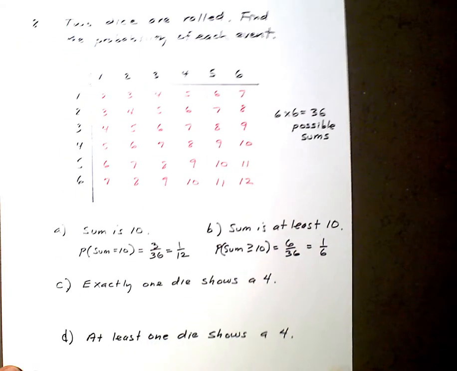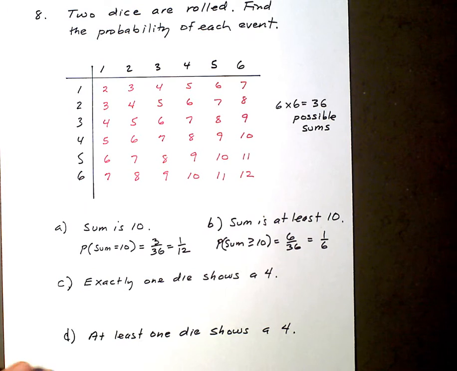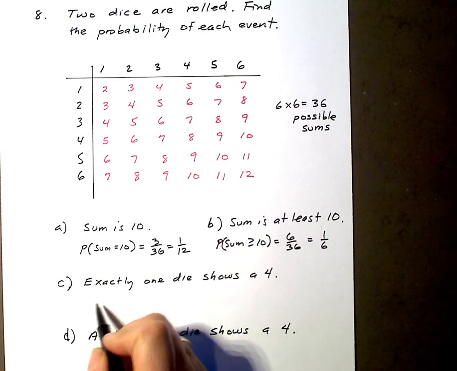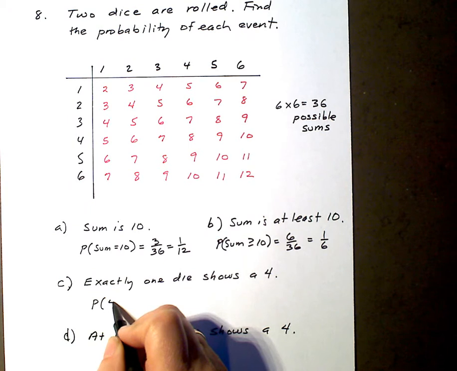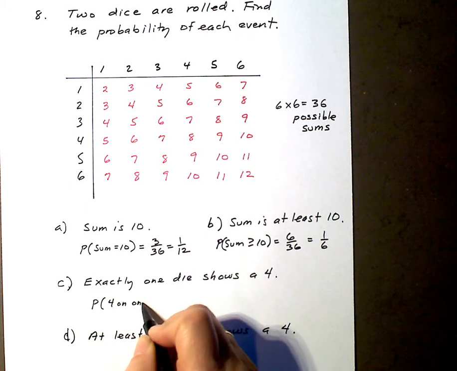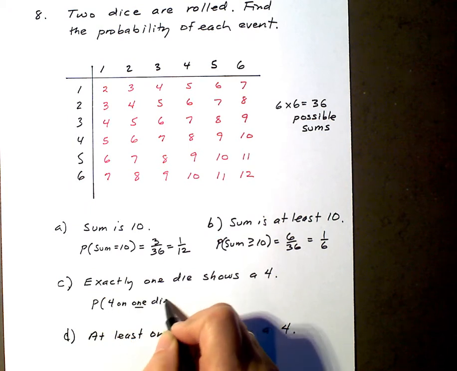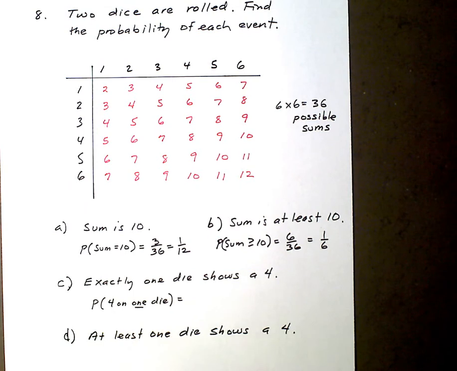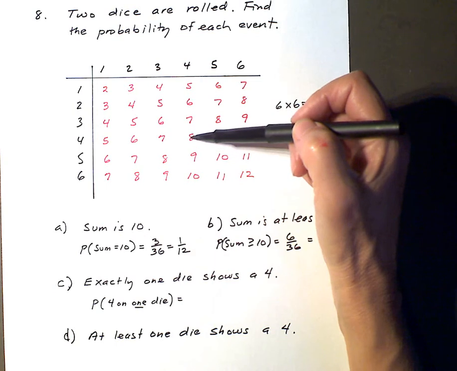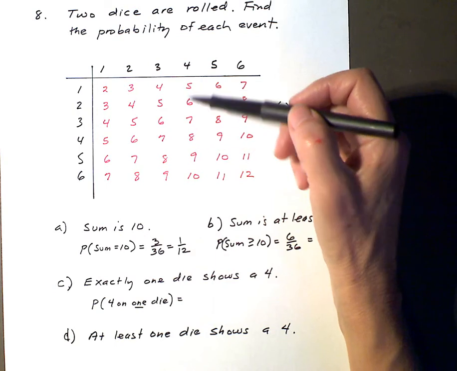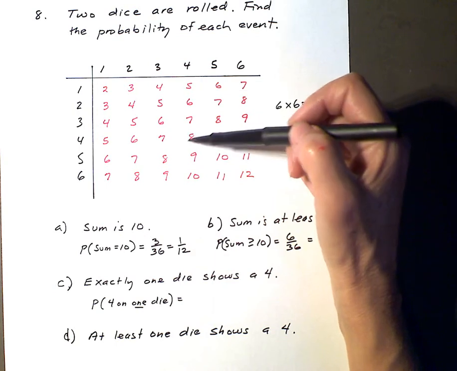Okay, the probability that one die shows a 4. So if I look at a 4 on one of the die, I notice that the sum of 8 right here is a 4 on both the die, that intersection.